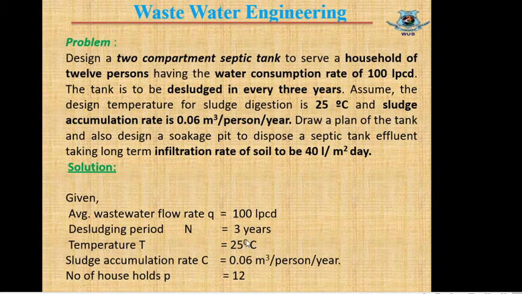Temperature T is 25 degrees Celsius. Sludge accumulation rate C is 0.06 meter cube per person per year. And number of persons P equals 12, that means the number of persons using this septic tank. So using this data, we will now design the septic tank.